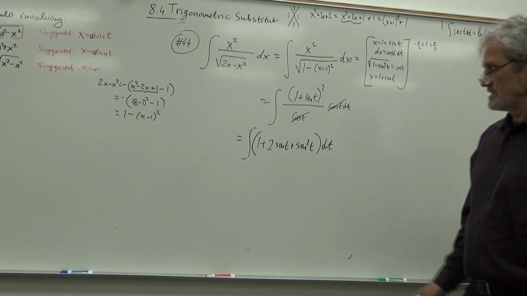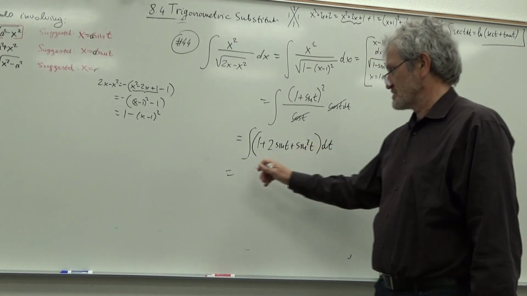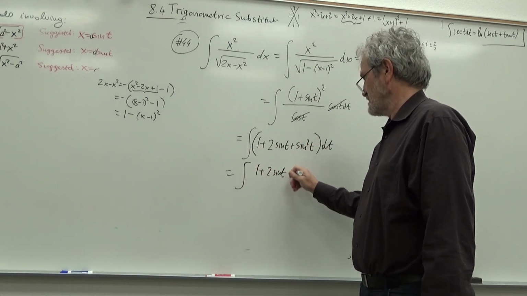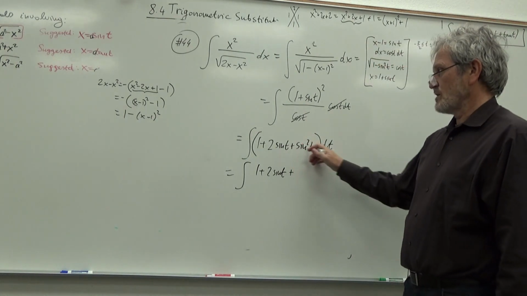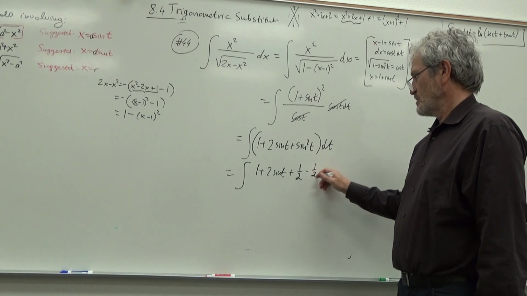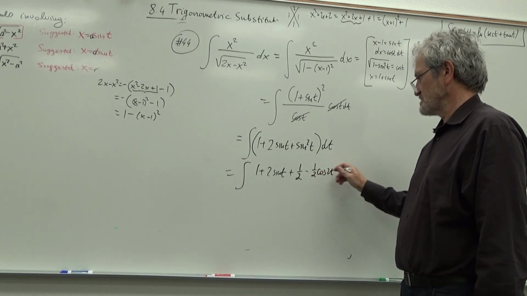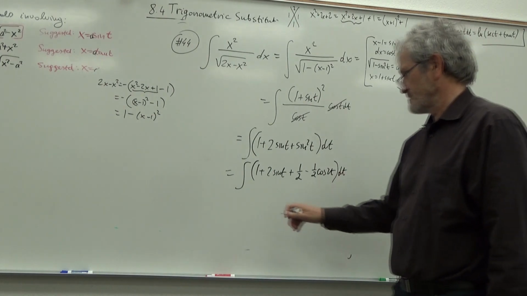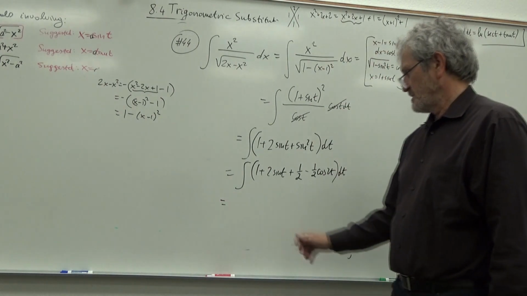And then we already saw this trick. We'll do reduction. So it will be 1 plus 2 sine t plus, this is 1 minus cosine 2t over 2, or 1/2 minus 1/2 cosine 2t. I just multiply immediately, distribute it so that I can combine the like terms. So what would it be?